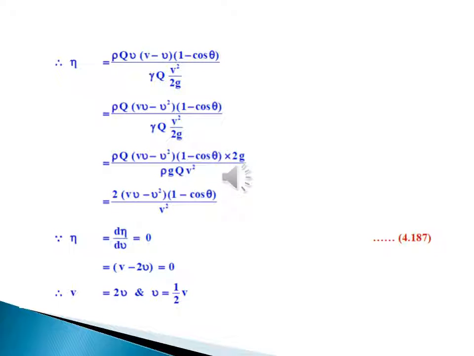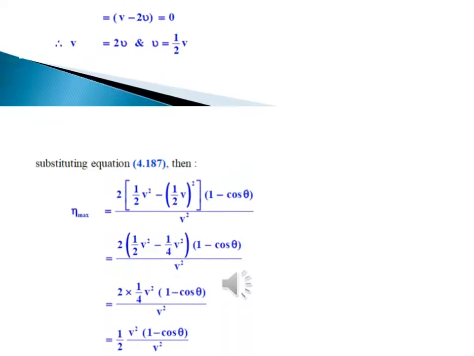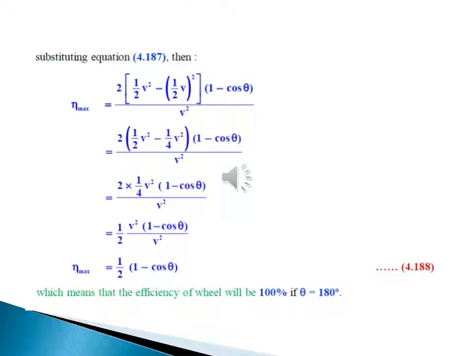Continue the calculation of the efficiency of the wheel, eta, and the velocity also. Follow up, my dear, the mathematical calculation of the maximum efficiency of the rotating wheel, obtained when theta equals 180 degrees.